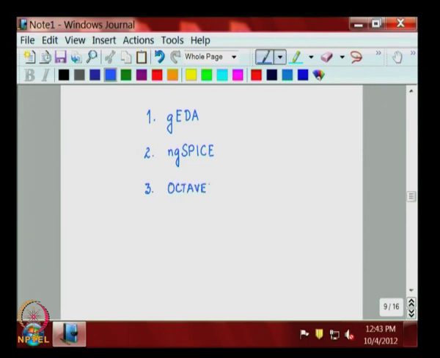So, these three have been taken together, and some tools have been developed which can be used for simulating the circuits. So, GEDA is primarily right now being used for schematics in this particular exercise. NG Spice is actually used for performing the simulation run, and Octave GNU plot is used for actually plotting and displaying the results.